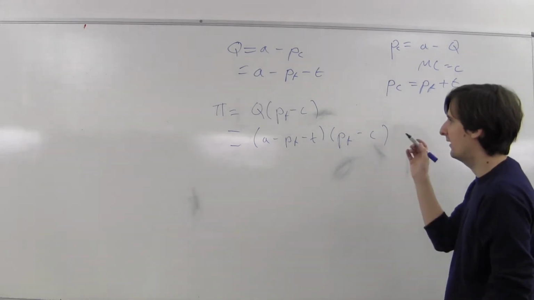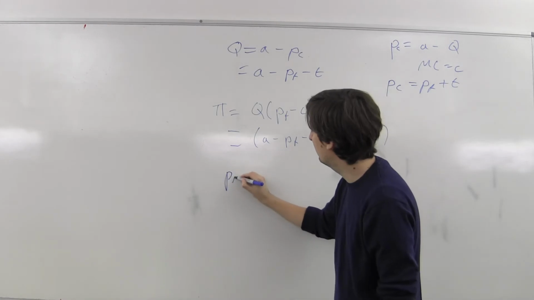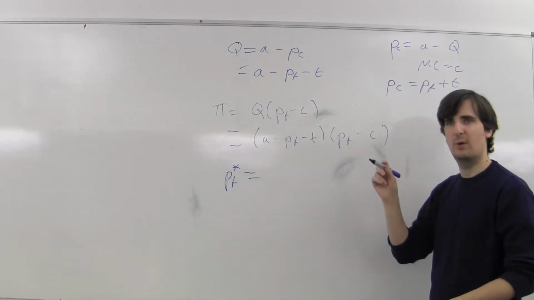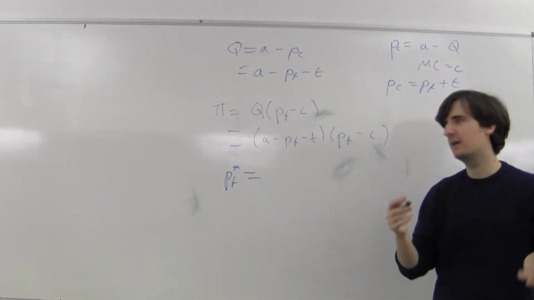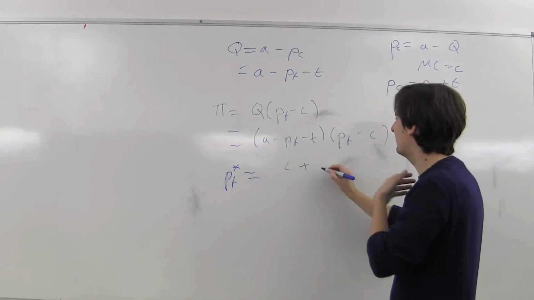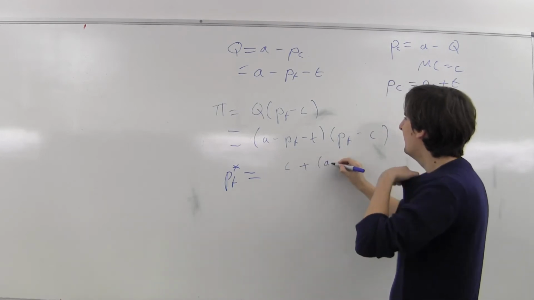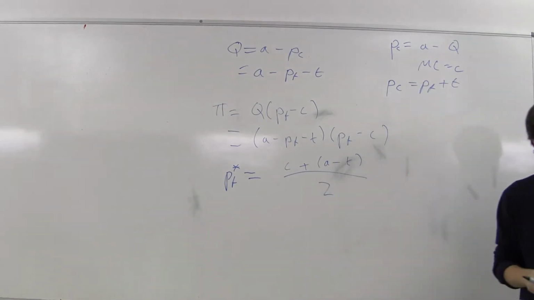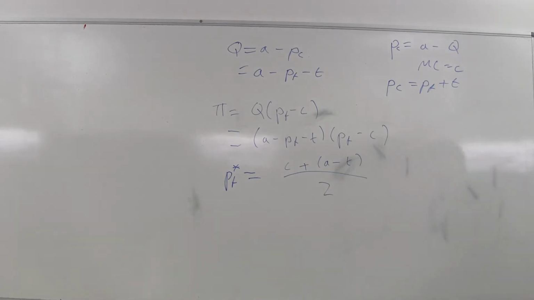So the profit maximizing price, PF star, equals the average of those 2 points. Those are the intercepts, so the maximum must be halfway in between. So it's C plus A minus T, all divided by 2. Okay, no differentiation. Super easy.